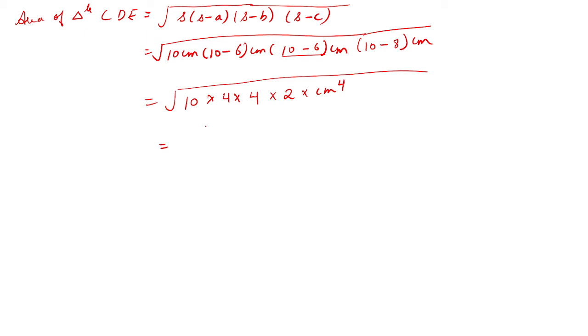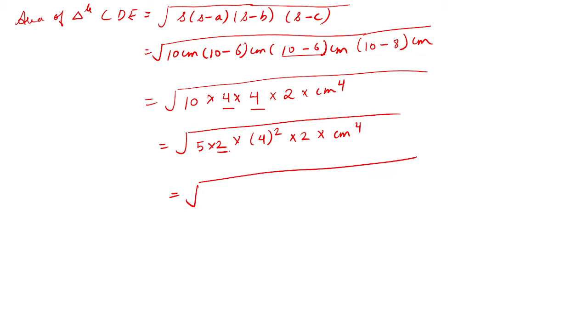Clear with this? Now what you can do is, first write 10 as 5 into 2. Clear? Now can I write 4 into 4 as 4 square into 2, centimeter to the power 4. Now you look at this. Can I write this in terms of squares? So 2 square into 4, whole thing square, into 5 into centimeter square, the whole thing square.